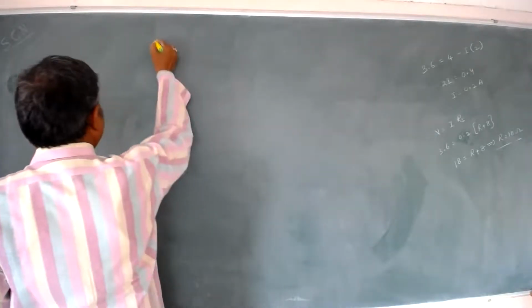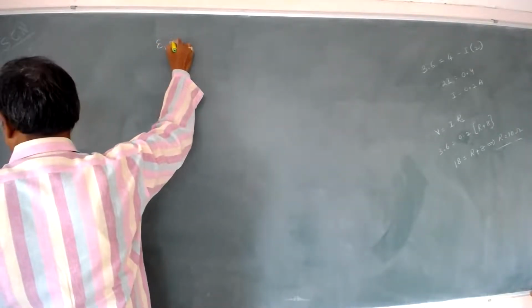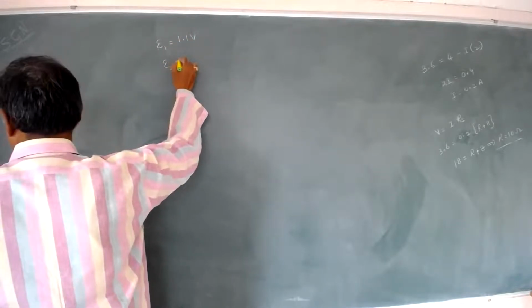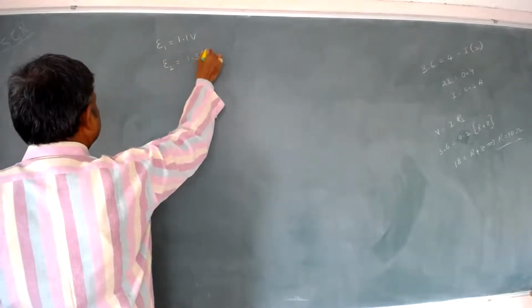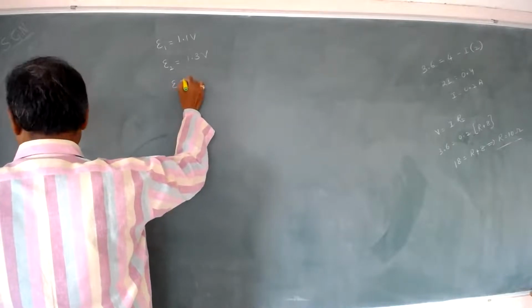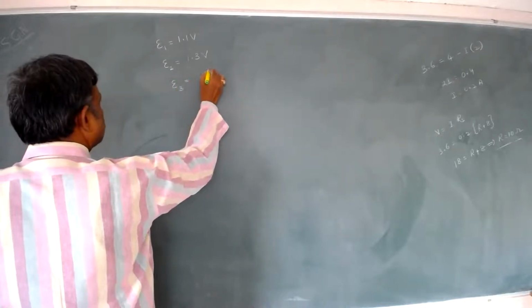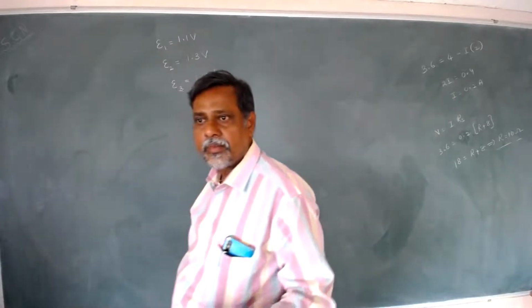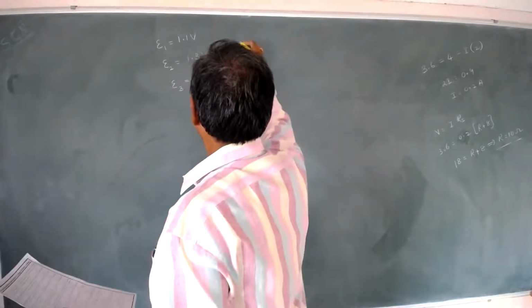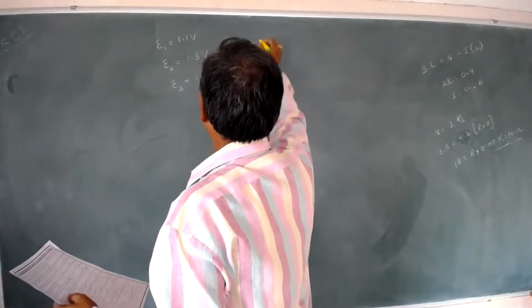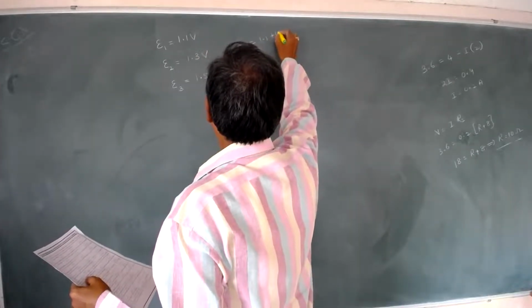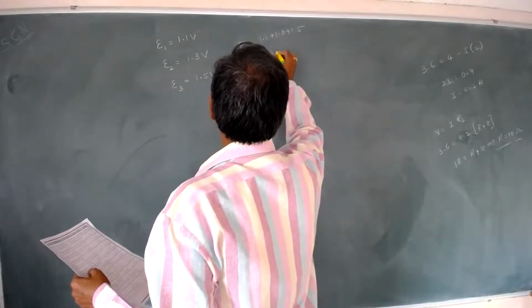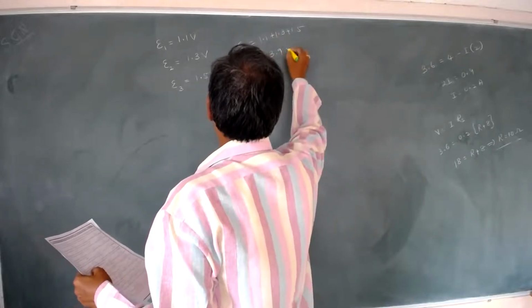The first electromotive force is 1.1 volts, the second is 1.3 volts, and the third is 1.5 volts, connected in series combination. In the sense, effective electromotive force is 1.1 plus 1.3 plus 1.5. This is 3.9 volts.